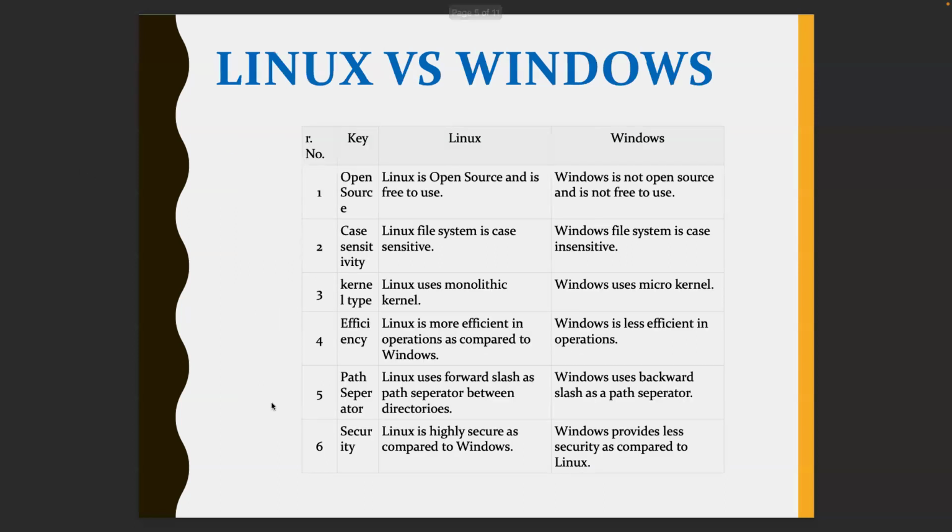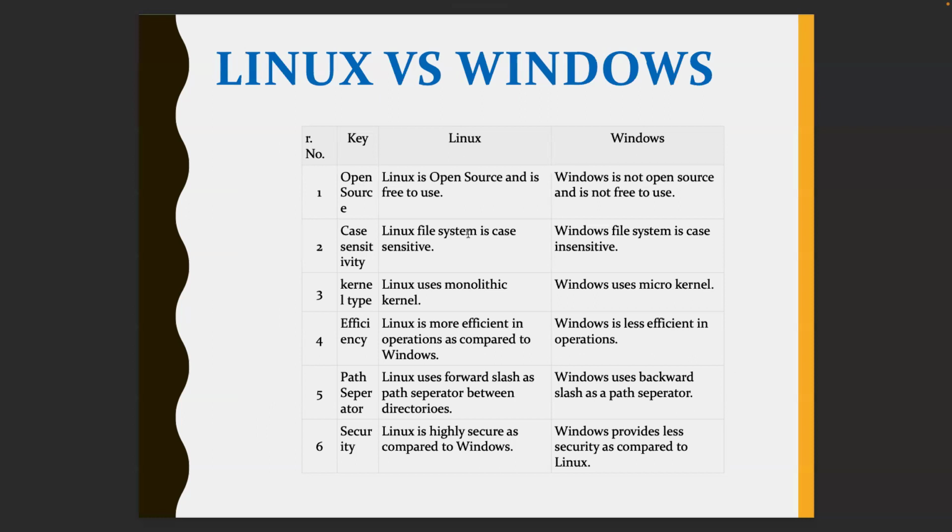Not only that, Unix systems are more secure, less vulnerable to thefts and attacks, unlike Windows. See, here are some of the differences between Linux and Windows. Linux is an operating system which is free to use, whereas for Windows, you have to purchase the license. In the Linux file system, file and folder names are case sensitive, but that's not the case in Windows.